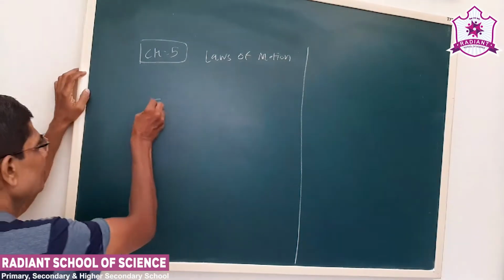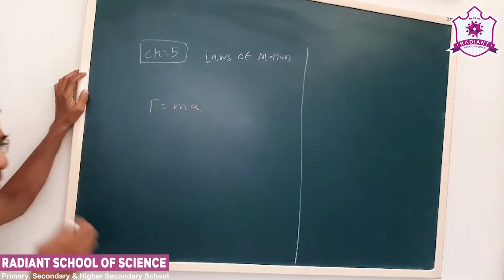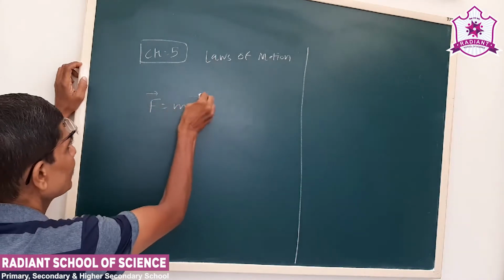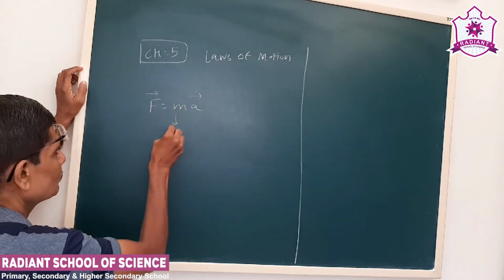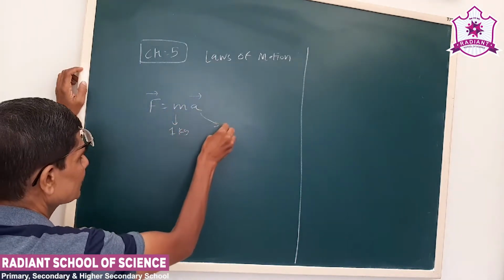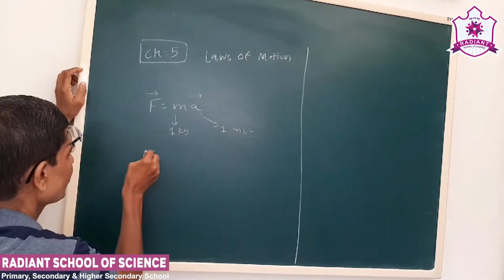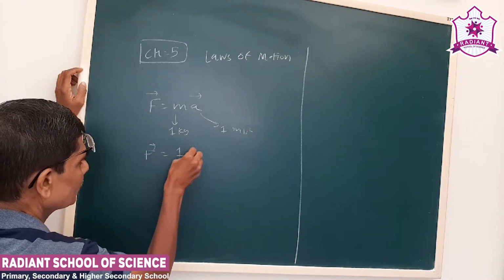Now see our equation F is equal to ma. What is 1 Newton force? Suppose the mass of the body is 1 kg and the acceleration is 1 meter per second square, then the force is 1 Newton.